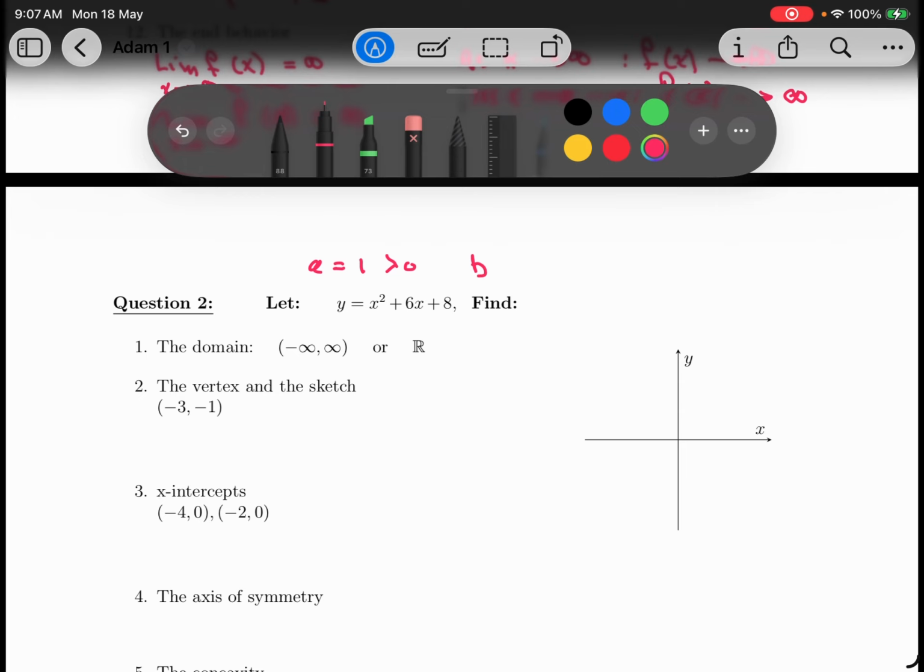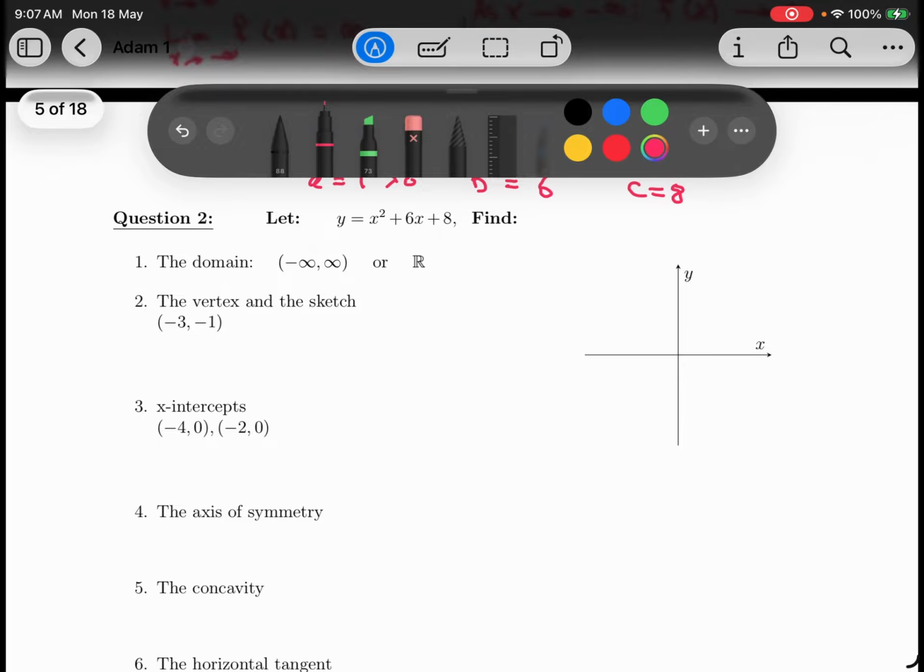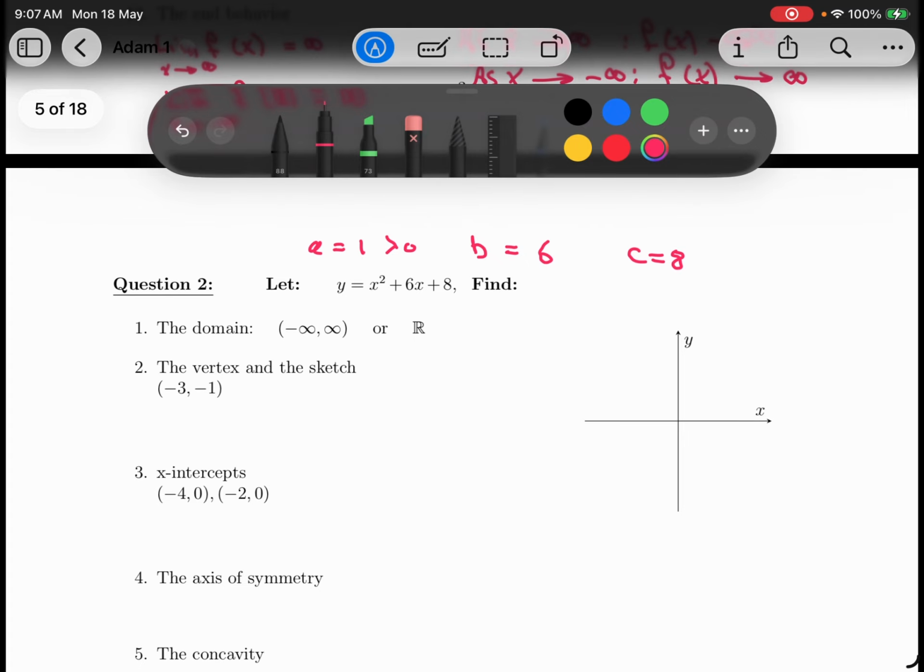And b here is the x coefficient, which is 6, and c here equals 8, the constant term. And as I told you before guys, the domain part is not interesting because it's always from minus infinity to infinity, or R. If you don't know how to write this R, you can write capital R with a double stroke for this part.